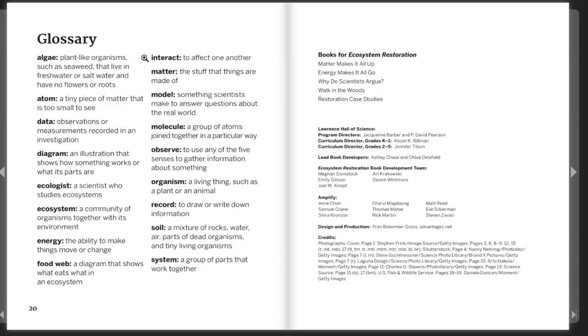Interact, to affect one another. Matter, the stuff that things are made of. Model, something scientists make to answer questions about the real world. Molecule, a group of atoms joined together in a particular way.